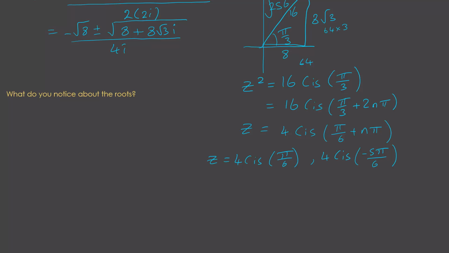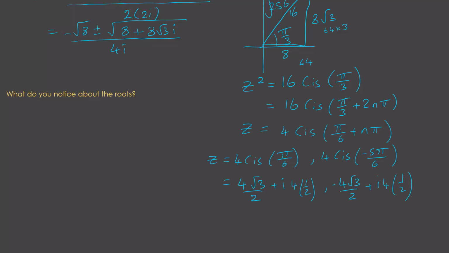So this will be 4 cos pi by 6, which is root 3 on 2, plus i 4 sine pi by 6, which is a half. And the other one will be negative 4 root 3 on 2 plus i times 4 times a half.